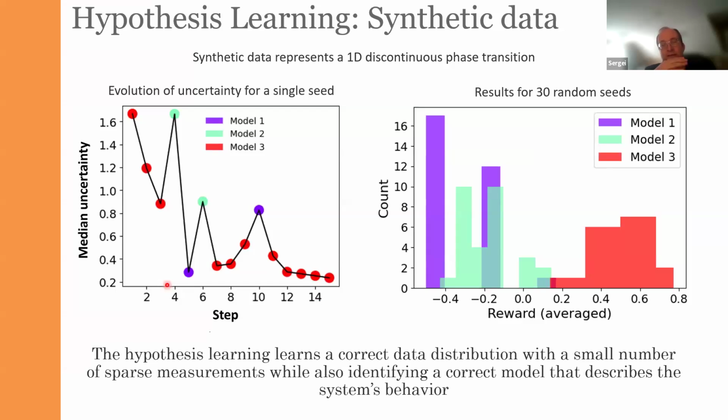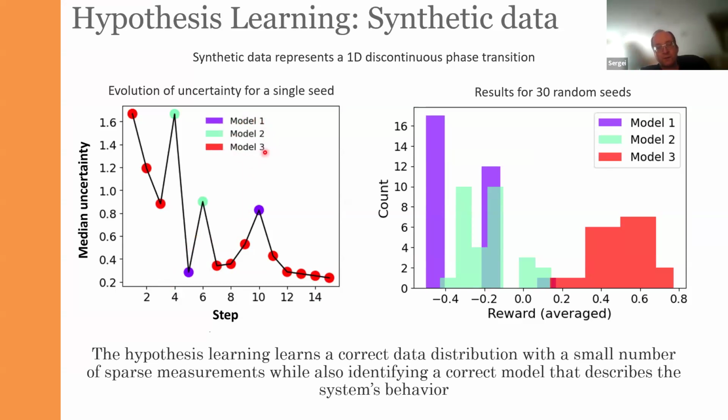Let me show you a few examples in the PowerPoint, and then I'll show you the Colab that allows you to repeat this experiment and experiment by yourself. Imagine that we have some system and three competing models.